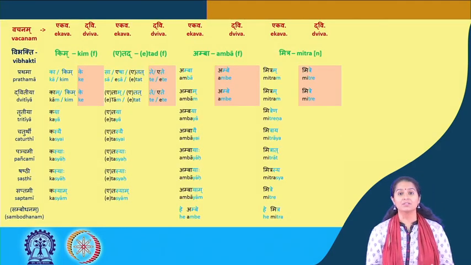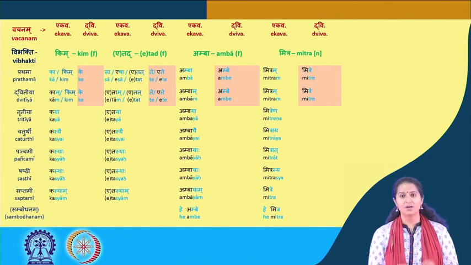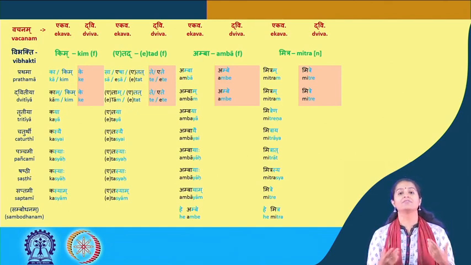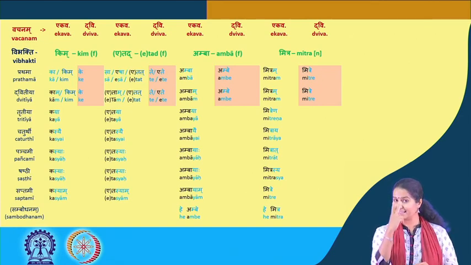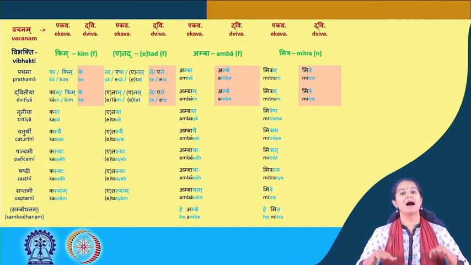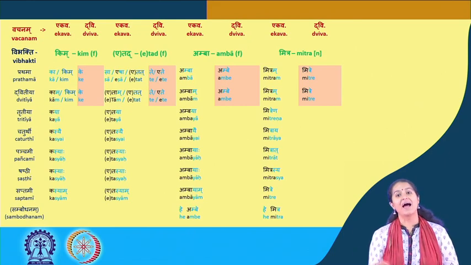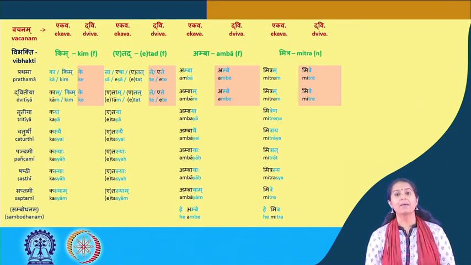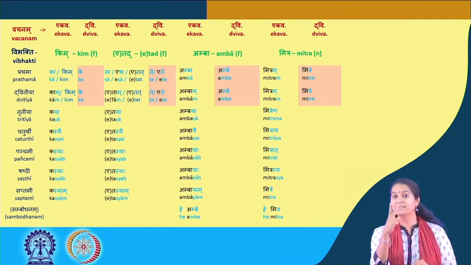What happens to the other two cases of word endings? So we have the feminine a, amba, and let's do it with the kim and tat and see what happens. So k, k, etat was etat, ete, ete, or te, te, amba became ambe, ambe, and we had the neuter word which was mitra became mitre, mitre.